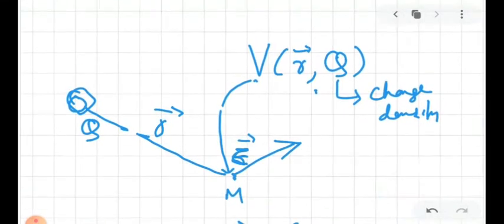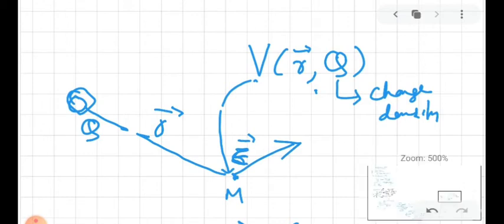Similar to the case of gravitational potential, electrostatic potential refers to some sort of energy required at this point M. See, this was our point M, and there is a value of potential V at this point M due to that charge configuration. Now, if there is a value for the electrostatic potential, and we call it V, what does that mean?